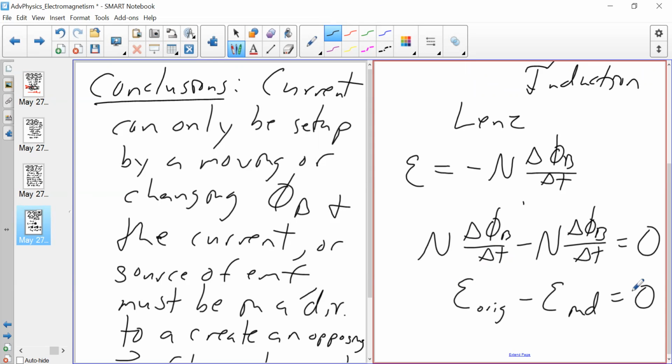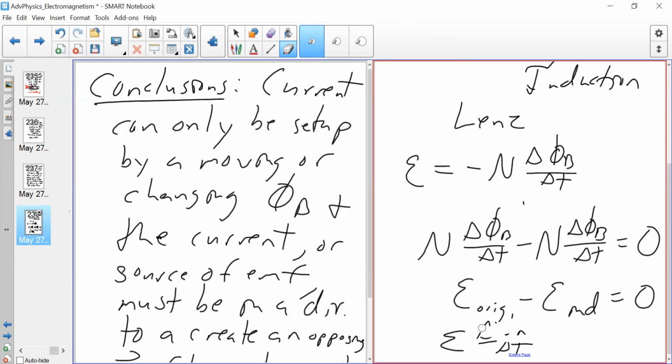The sum of the changes of magnetic flux comes out to be nothing. Or you can just do it like this. It's the same. So the sum of the changes, I just want to rewrite this. I'll just be very glib about it.